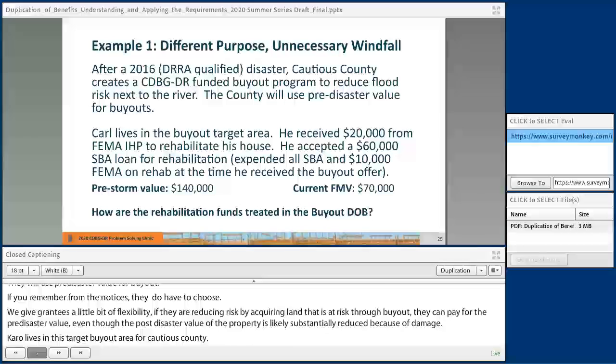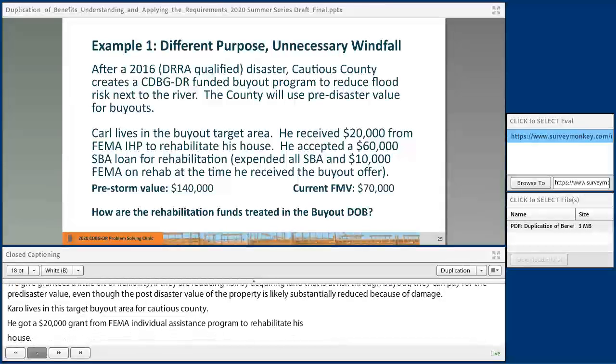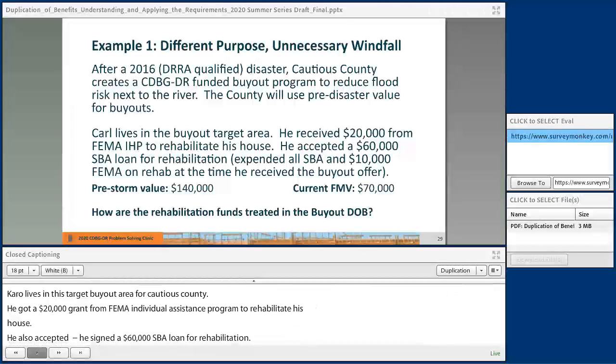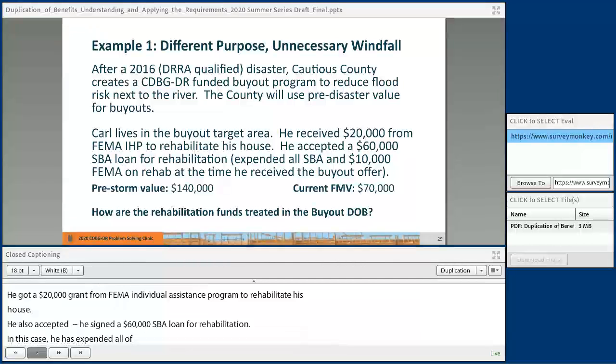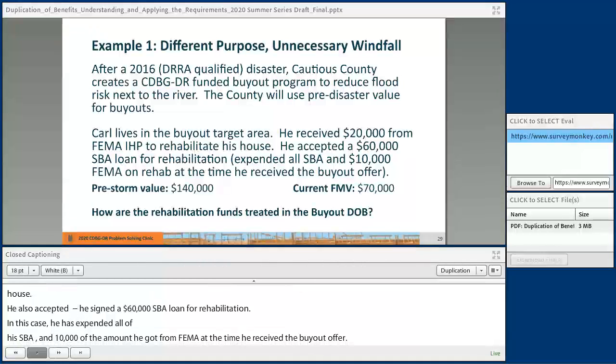And in this case, he has expended all of his SBA, all $60,000, and $10,000 of the amount that he got from FEMA at the time he received the buyout offer. So he's still got $10,000 left over his FEMA funds. His pre-storm value was $140,000, and his current fair market value is $70,000. So how are the rehab funds treated in the buyout DOB analysis?